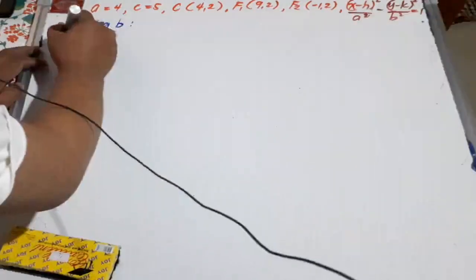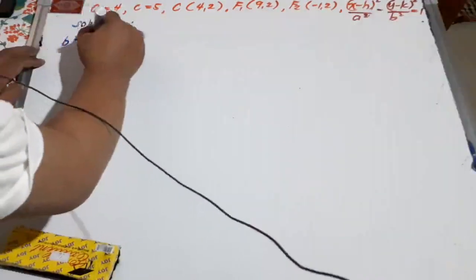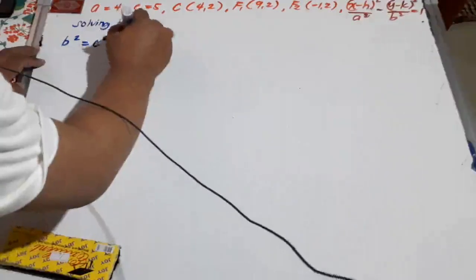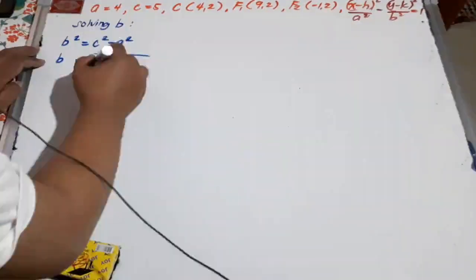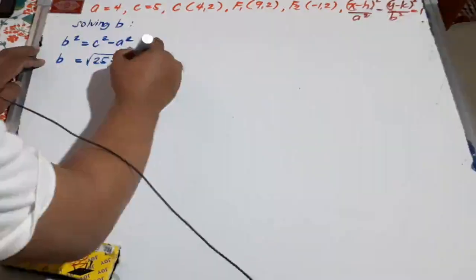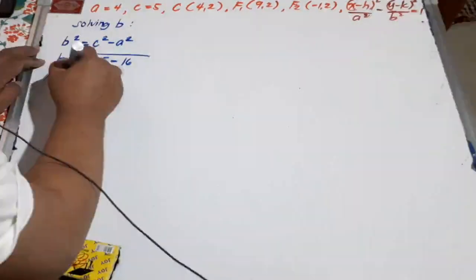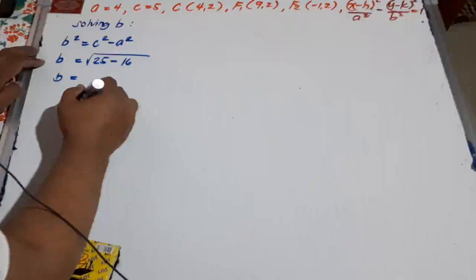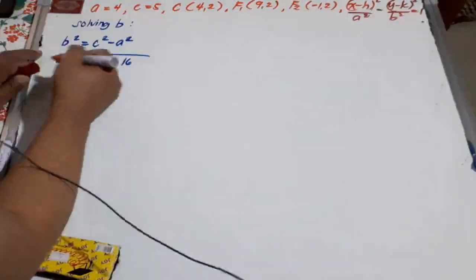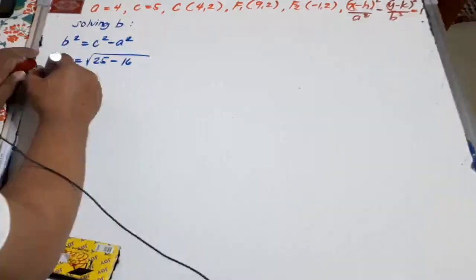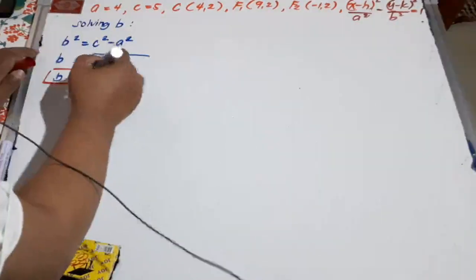So, we know the relation B squared equals C squared minus A squared. Okay? Substituting, we have C squared is 25 minus 16. Okay? So, 25 minus 16 is 9. Square root of 9 is 3. So, therefore, the length of B, or semi-conjugate axis, is 3 units.